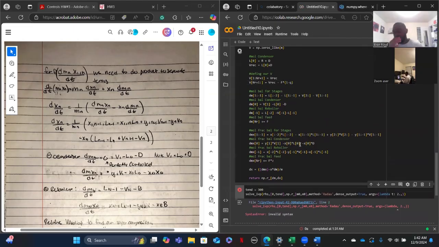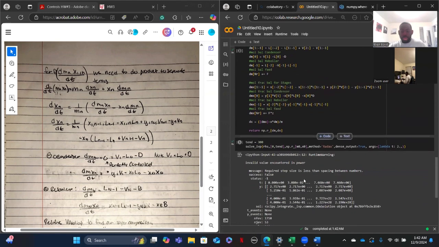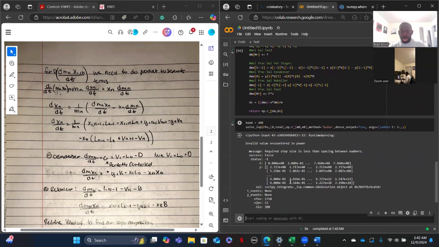So if I enter this, this should be correct, and now this should work as well. And yeah, now we get our results. As you see, as time progresses, our moles decrease. Okay, well, actually, they increase. Do they?